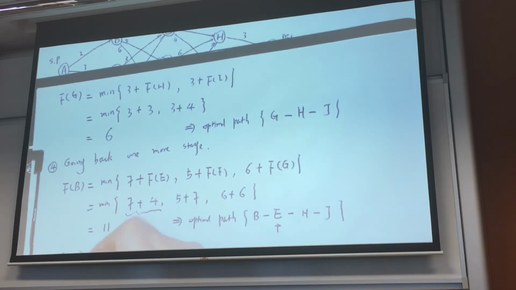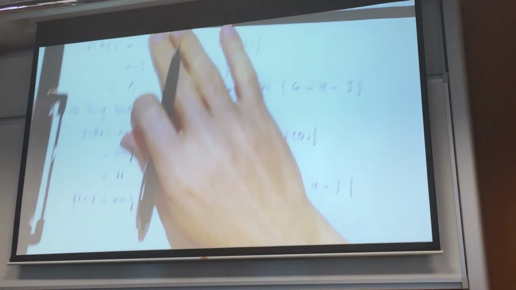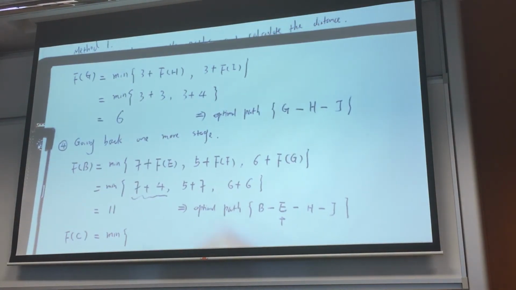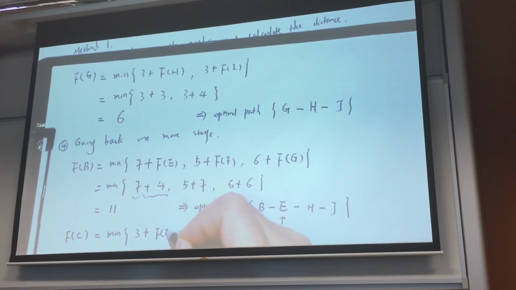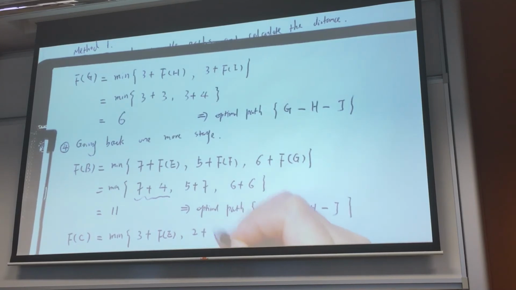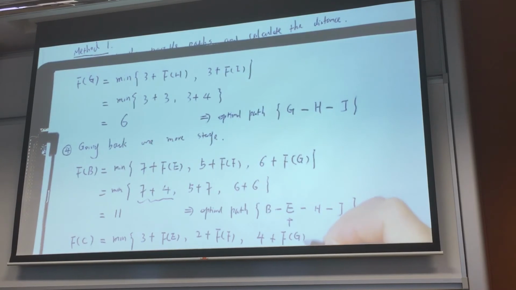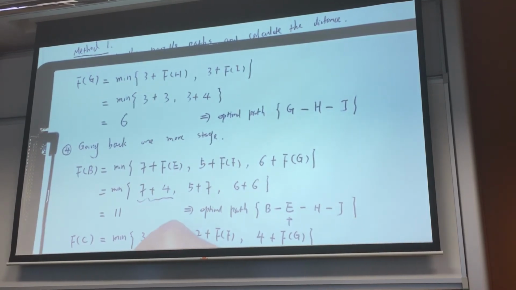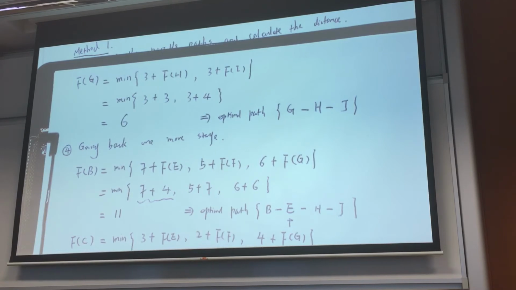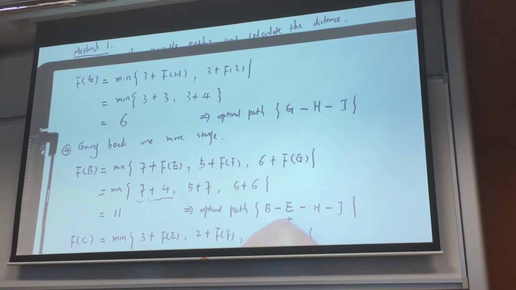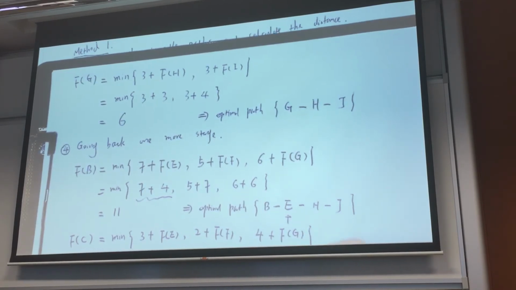So similarly, we can solve the node for C. So from C, we also got 3 options. So 3 to E, and 2 to F, and 4 to G. So this given by 3 plus FE equal to 4. So FF equal to 7, FG equal to 6.